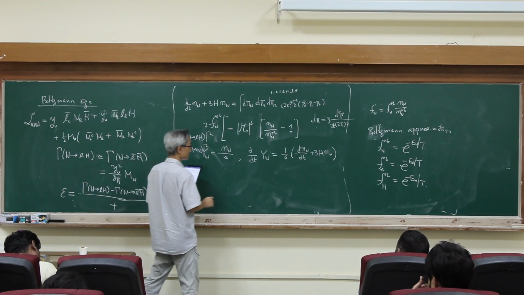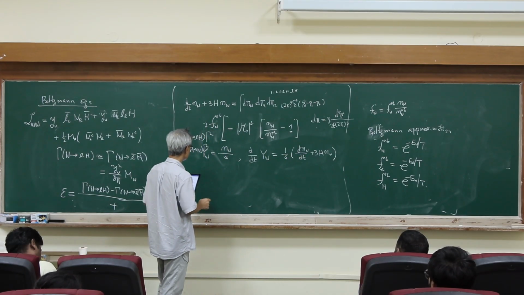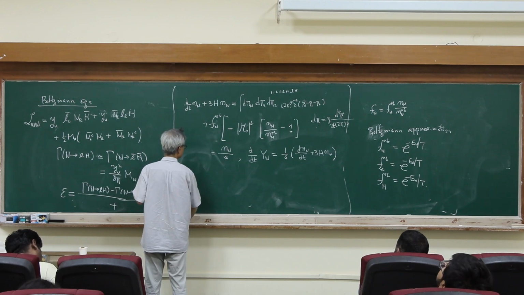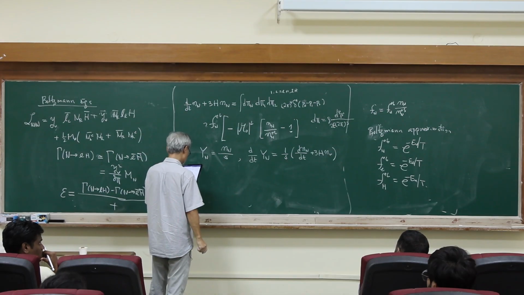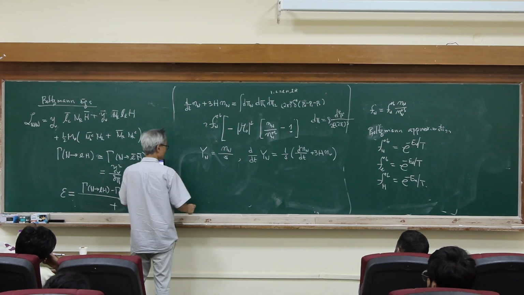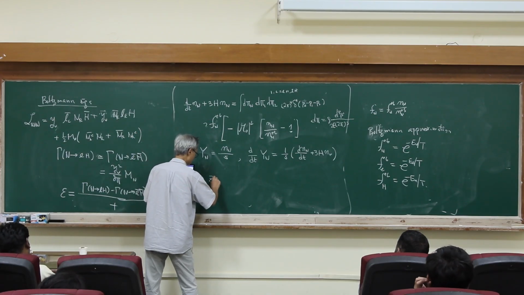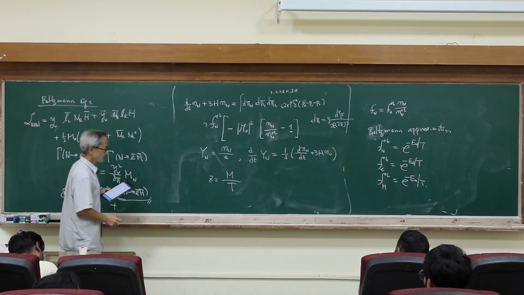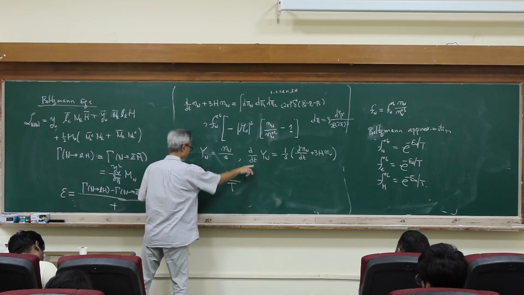Okay, so I will define another parameter, the inverse temperature normalized by the mass. So Z is a dimensionless quantity related to the time.